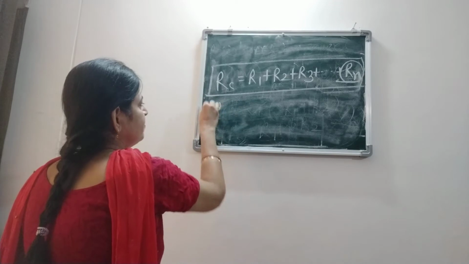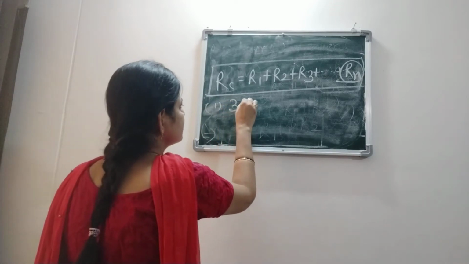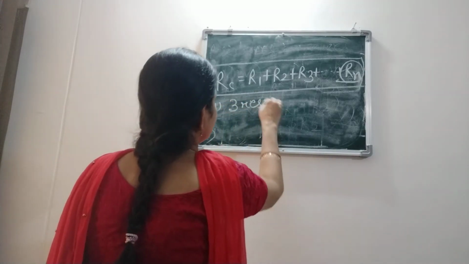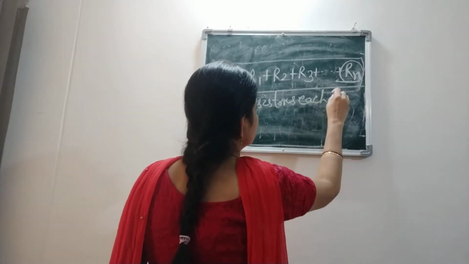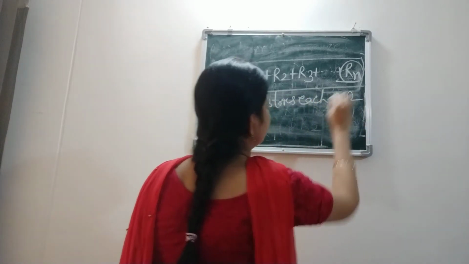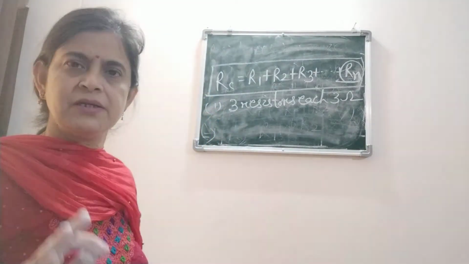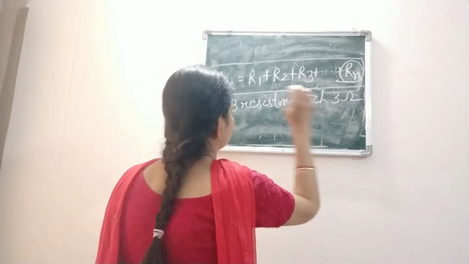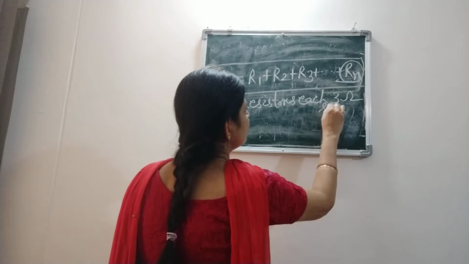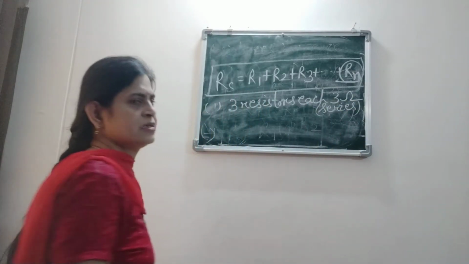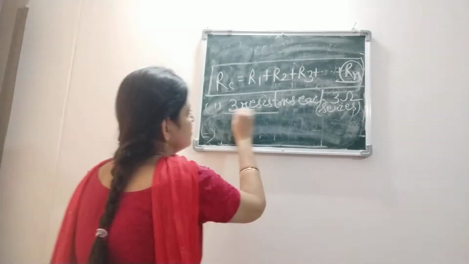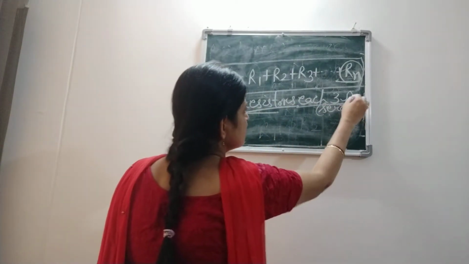Suppose we have 3 resistors, each of value 3 ohm. The unit of resistance is ohm. They are connected in series. Then what will be the value of the resultant resistance? There are 3 resistors and the value of each resistance is 3 ohm.